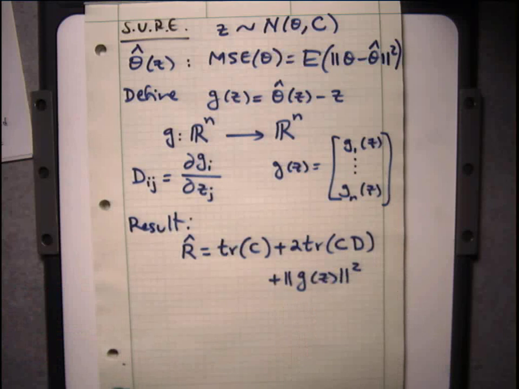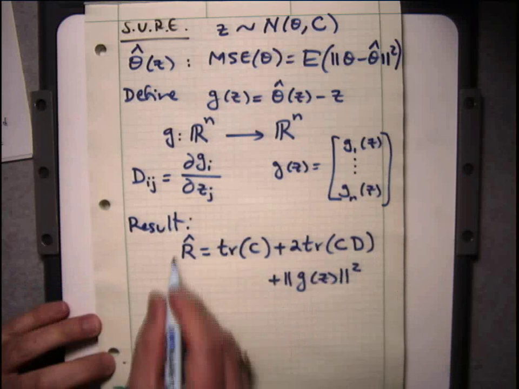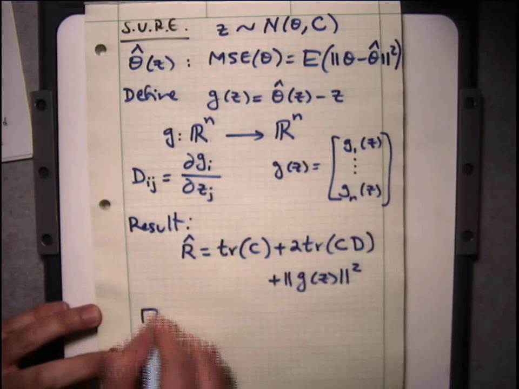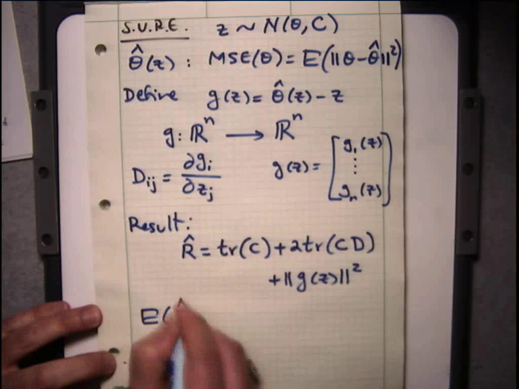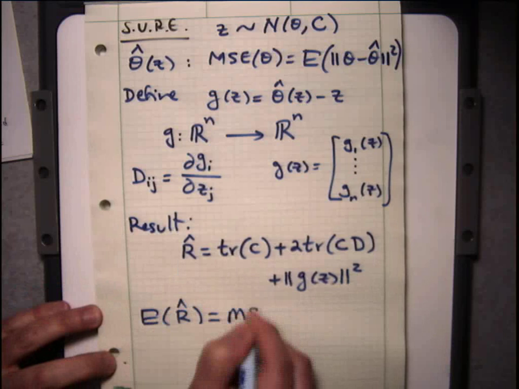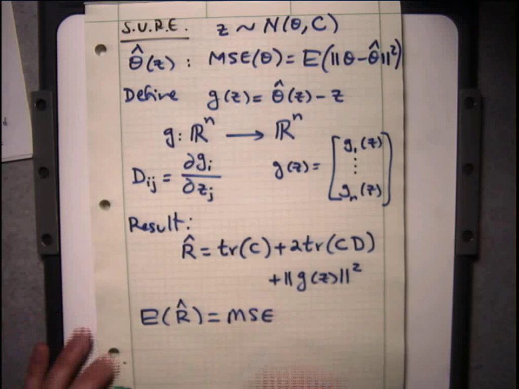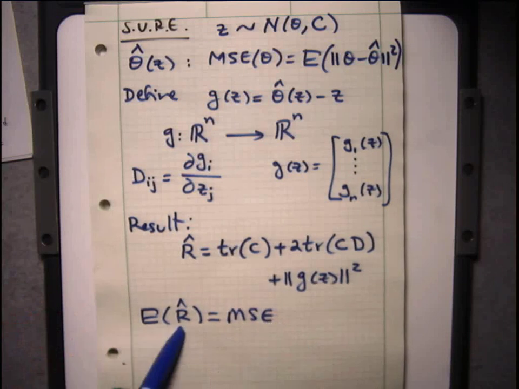And when you compute this quantity, then the expected value of r hat turns out to be the mean squared error that you're looking for. So r hat is in fact an unbiased estimate of this mean squared error.